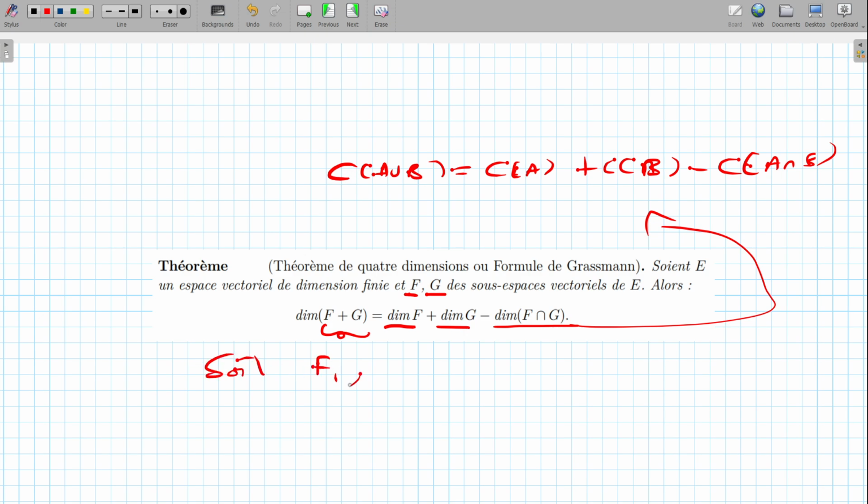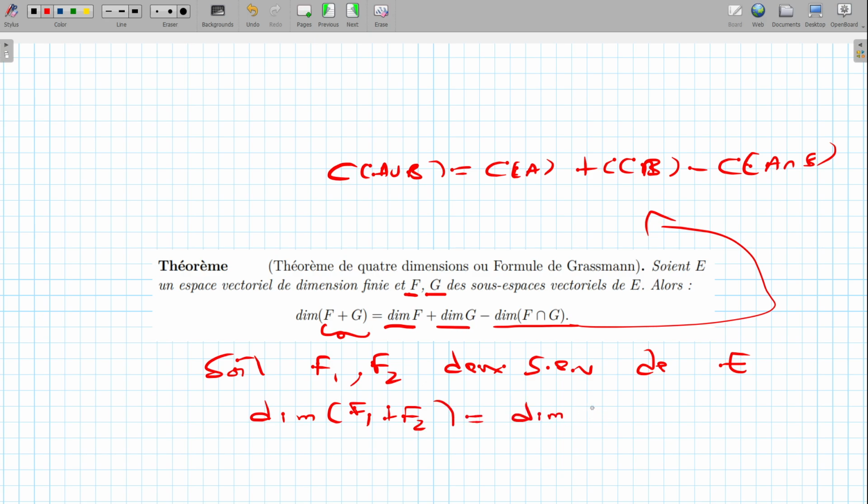So soit F1, F2, deux sous-espaces vectoriels de E, we have the dimension of la somme de ces deux sous-espaces, F1 plus F2, is going to be equal to the dimension of F1 plus the dimension of F2, and then minus the dimension of F1 intersection F2, like so.